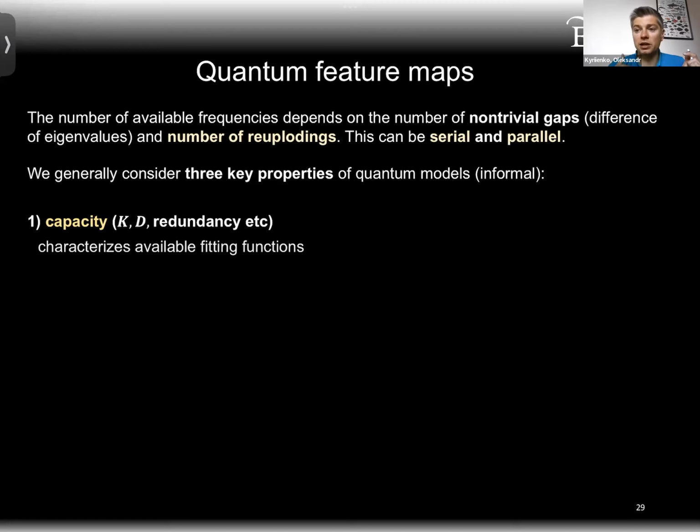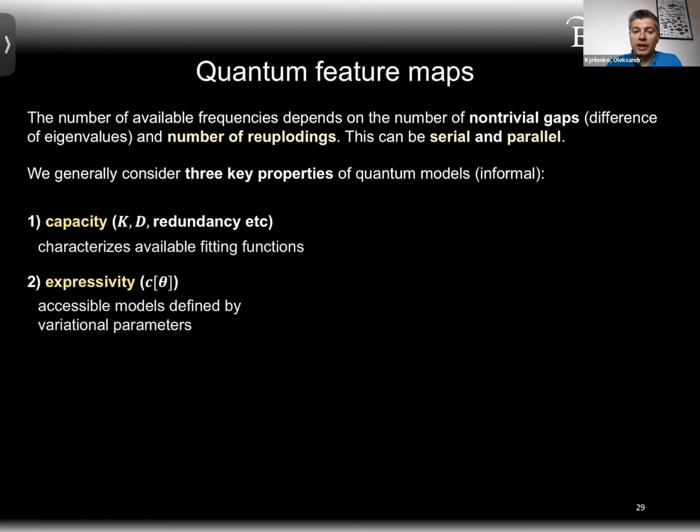And capacity is good if you know my data is very complex and can be represented in a certain space of functions, then fine, just build a very powerful feature map.